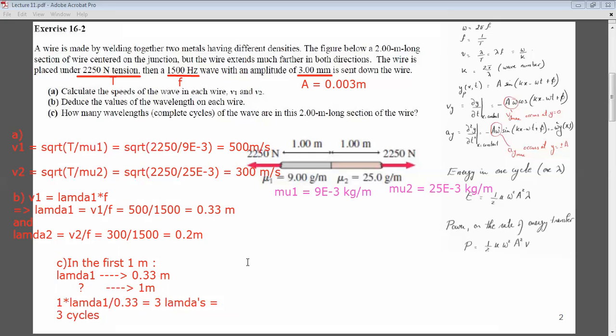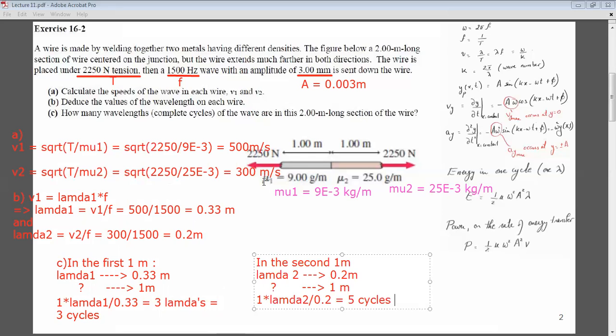And then in the second 1 meter, lambda 2 is equal to 0.2 meter. So how many lambdas do I have in 1 meter? I calculate 1 divided by 0.2, and this will give me 5 cycles.